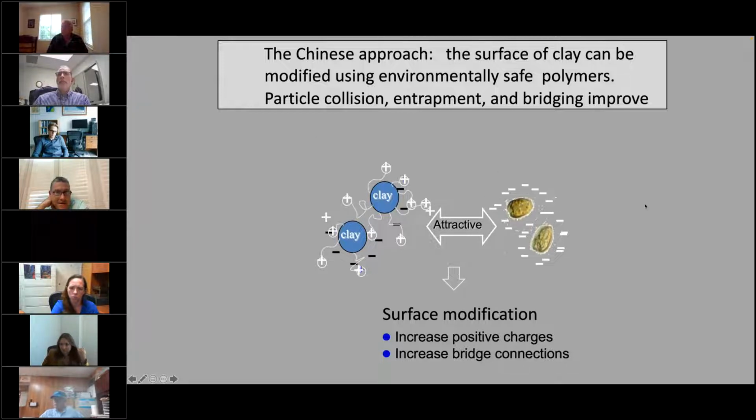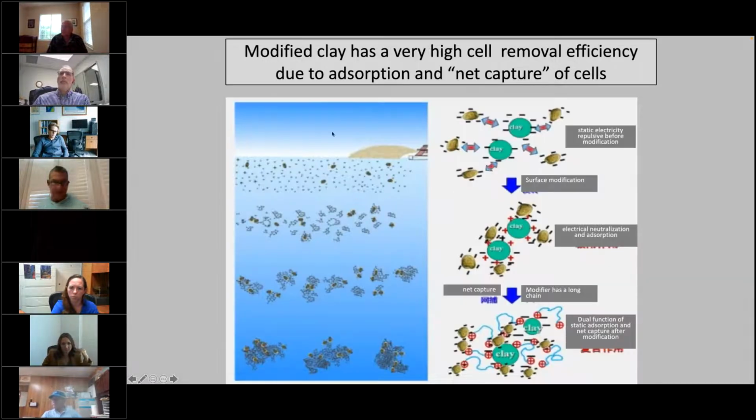So now you've got attraction, you get much more aggregation and flocculation of cells in clay, but also all these little chains that are the polymers bridge between particles and create a net. So that diagram I showed you earlier changes. Now when you add the clay, you get these chains almost like a net. So not only are you gathering cells here, but as this material falls, it sweeps through the water and removes cells and carries them to the bottom.